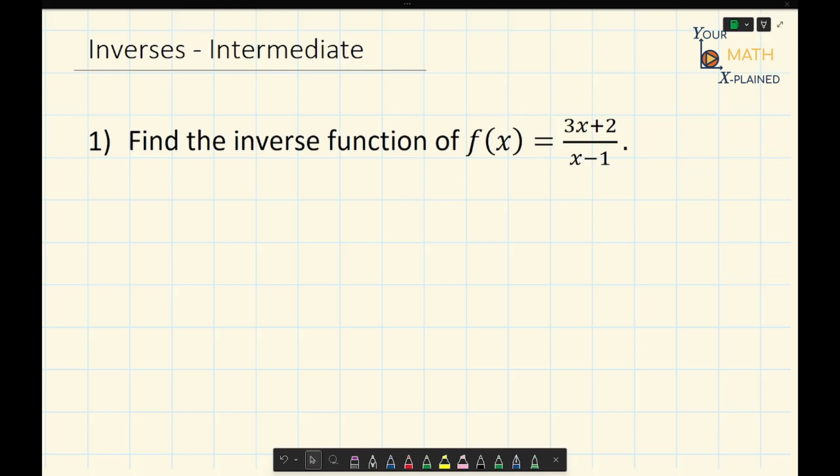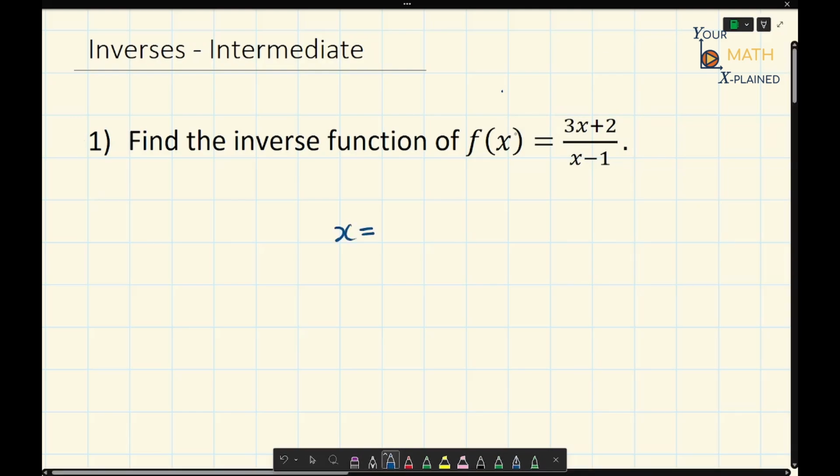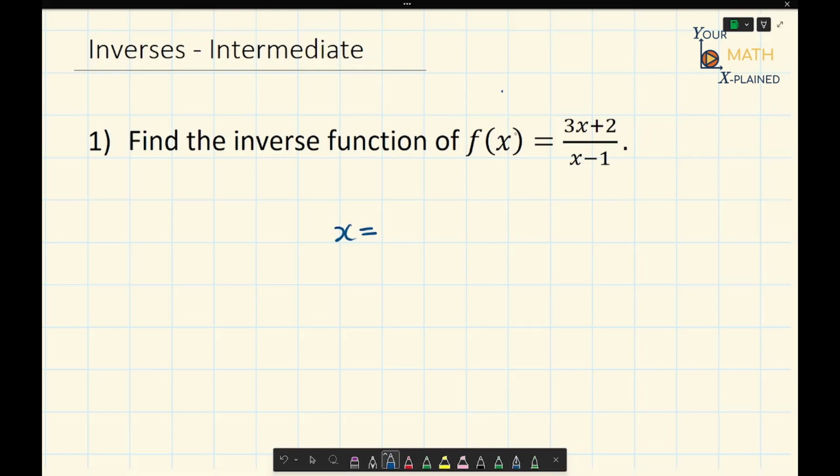So recall that the first step to finding an inverse function is to swap your x and your y. So the f of x here, that acts as our y. So we're going to replace that with x, and then we're going to replace all the x's with y's.